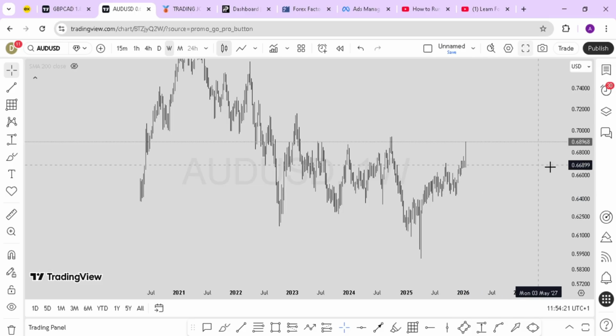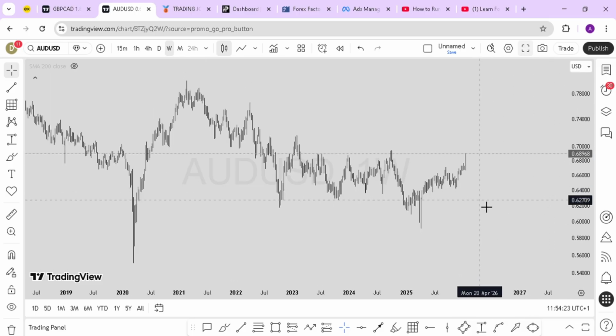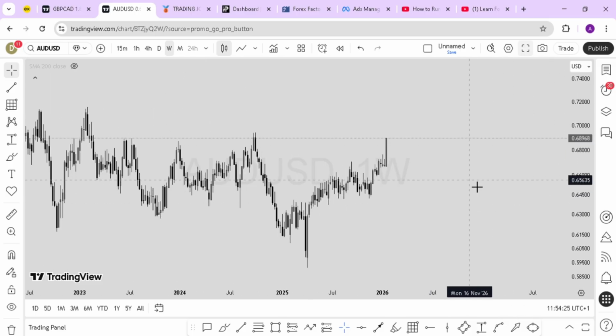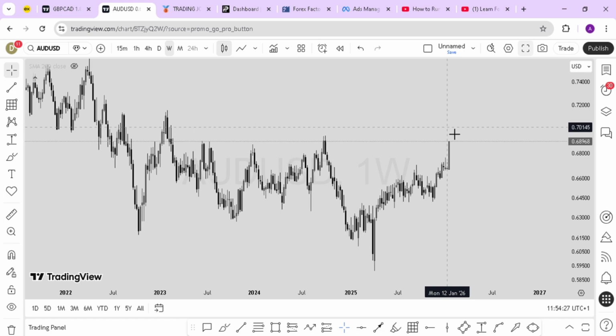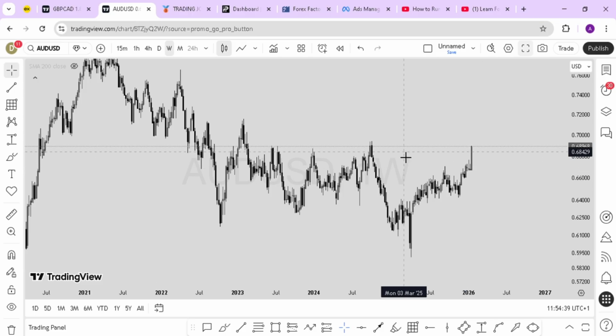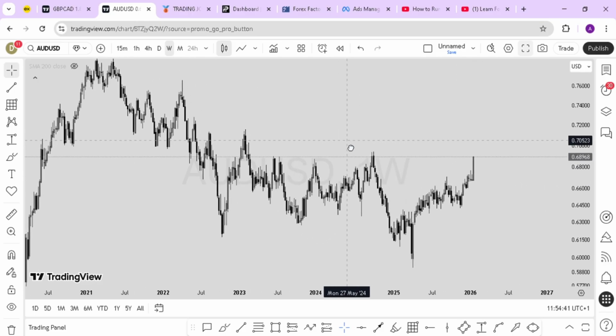AUD USD is a bit complicated, but I just want to look at the immediate structure that the market is doing in the weekly time frame. I checked the daily and it's not clear, so I decided to go to weekly, and I see that we can have a structure there.